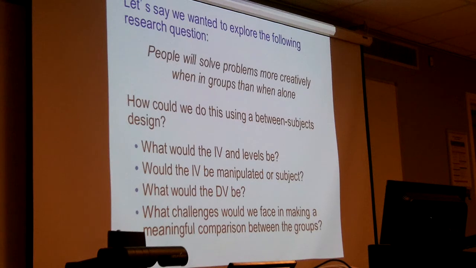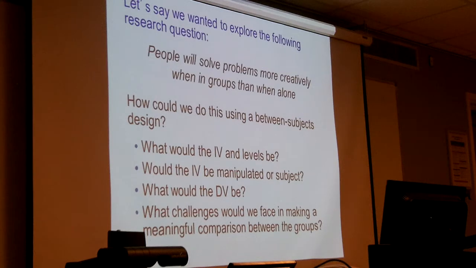We're trying to figure out if people solve problems more creatively alone or in a group. The independent variable would be the size of the group, and the levels would be in a group or alone. Or it could be alone, with 2 other people, with 4 other people, or something like that.